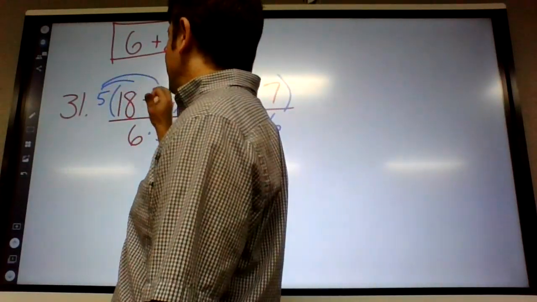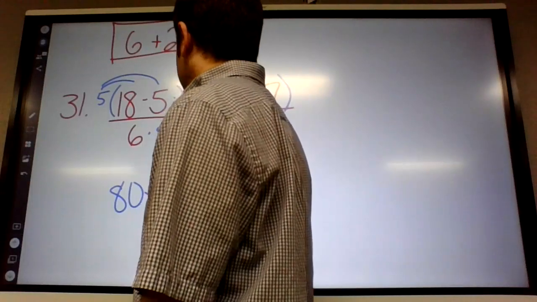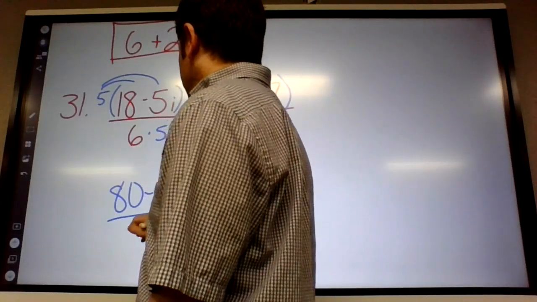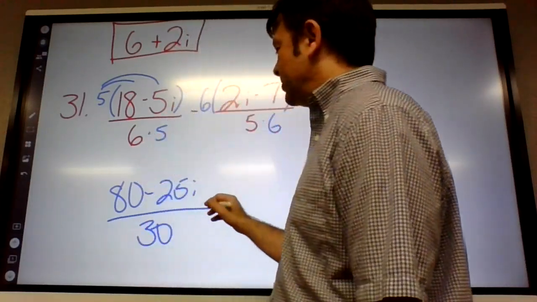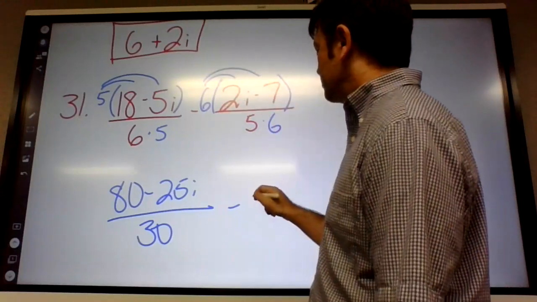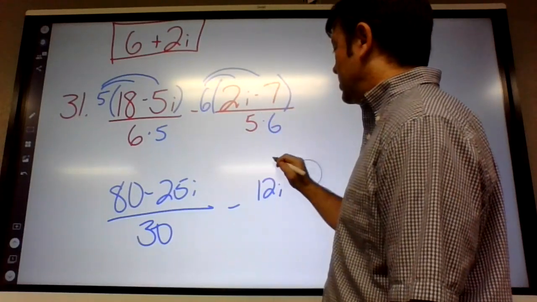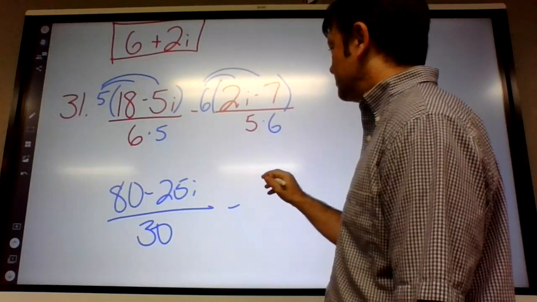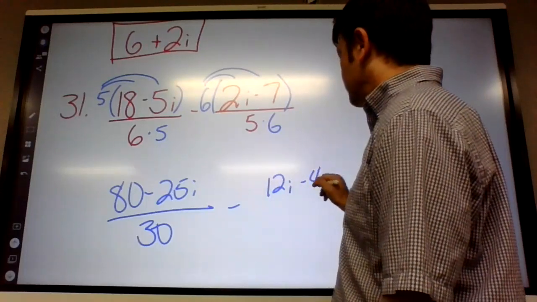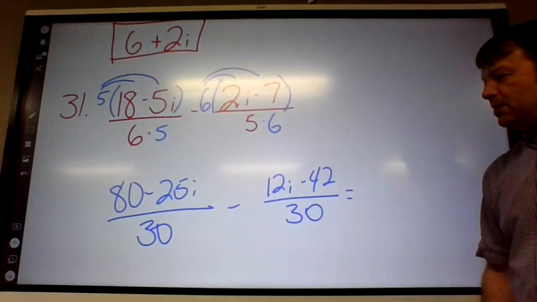So on this one, we're basically distributing that. The denominator is now 30.